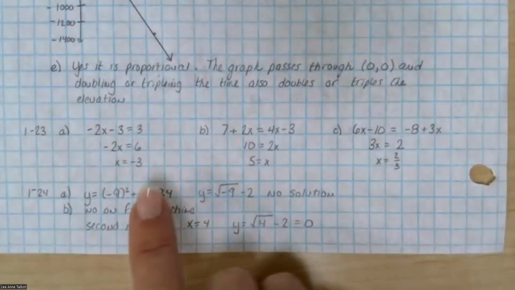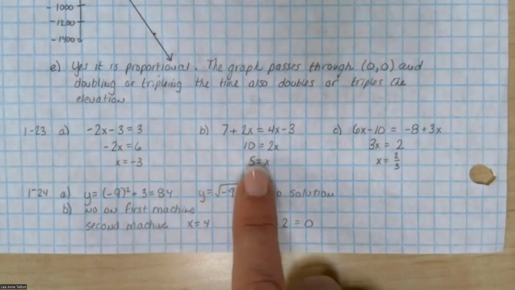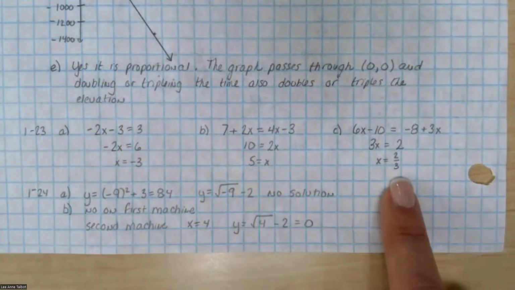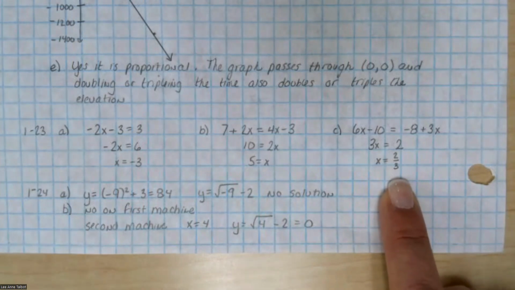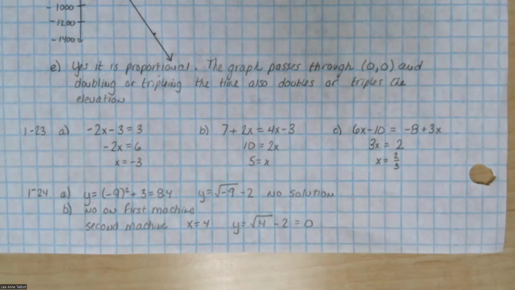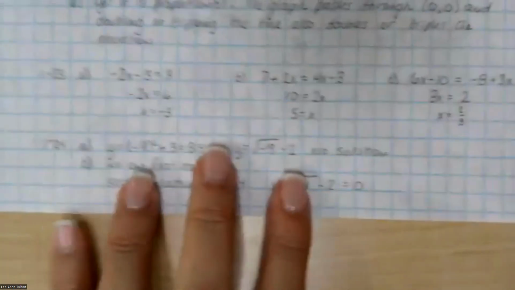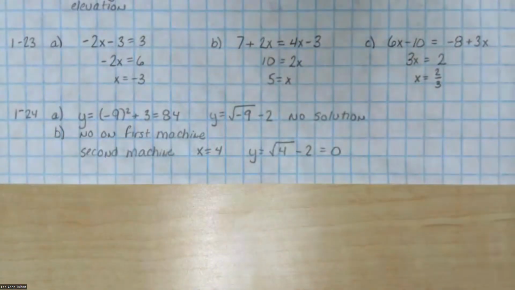For number 23, I got -3, 5, and 2/3. And then for 24, for A, I got no solution.